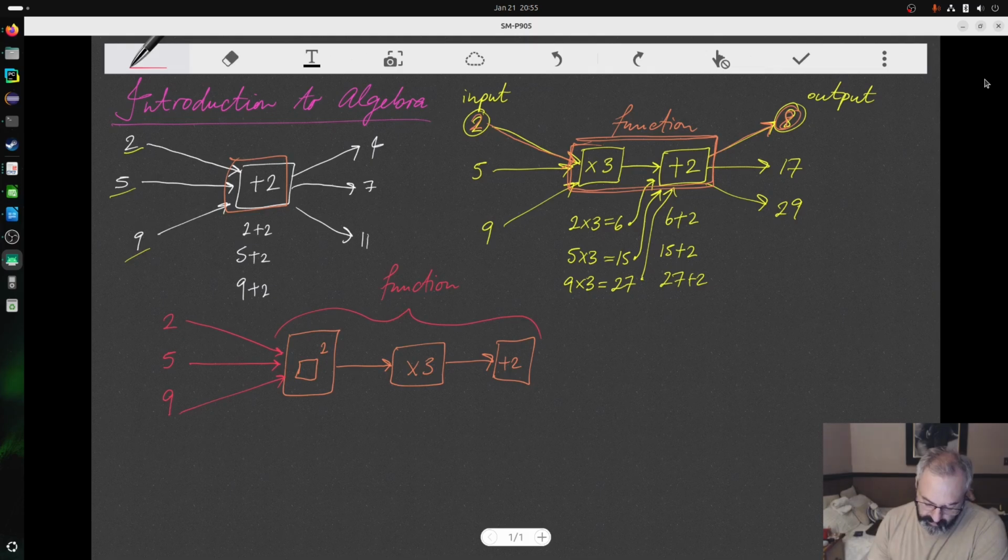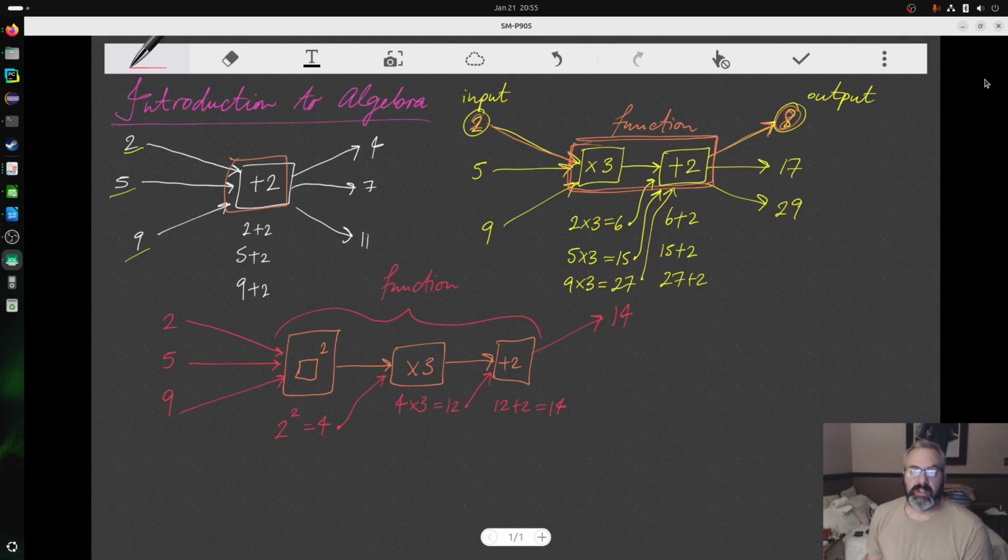So we have 2 squared, and that gives us 4. 4 now goes into my second step, and here we have 4 times 3, and that's 12. Then we feed the 12 into the final step, the plus 2, and 12 plus 2 becomes 14. So the output of this function, when we feed 2 into it, is 14. Still relatively easy peasy to do, right?